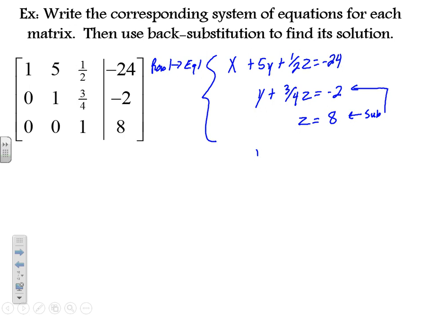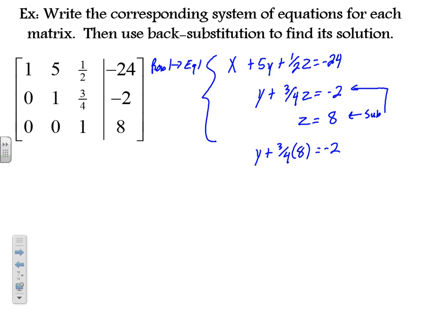And so I'll say y is equal to, oops, sorry, not y is equal to, but y plus 3/4 times 8 is equal to negative 2.